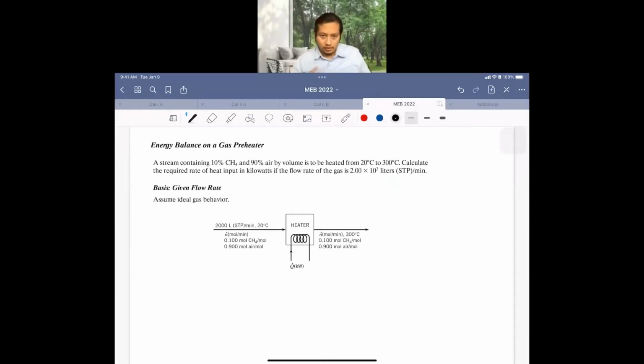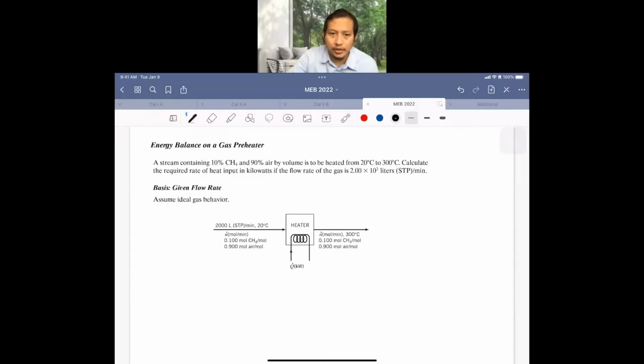Okay, this is the gas preheater. You have a stream, and we have two components: 10% CH4, the methane, and 90% air. It's heated from 20 to 300.